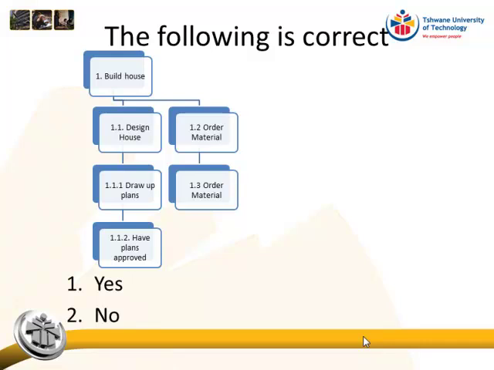What the lines are telling you is that these are the children and that is the parent. This can't be that one's child. And if this is that one's child, then draw up plans doesn't give you a designed house because you also have to approve plans. Does that make sense?